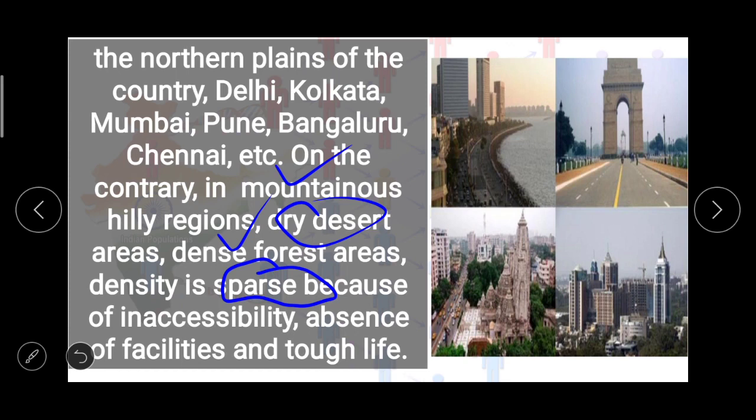Easily accessible या available कुछ वहाँ पर नहीं होता है. So people don't think about settling down there. That's why in the urban areas nowadays the density of population is increasing.